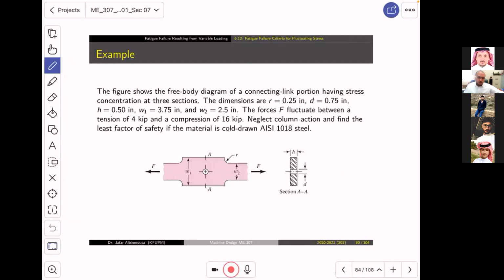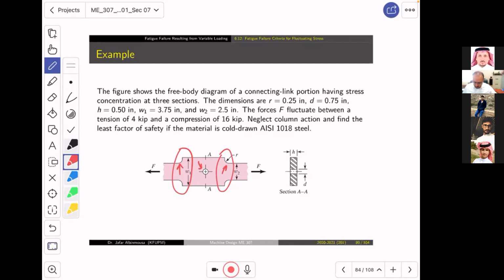Then we will have an example about positive mean later. This figure shows the free body diagram for a connecting link portion having a stress concentration at 3 different locations. Of course, this part is the same as this part, which makes it easy, so we need to analyze one of them only.